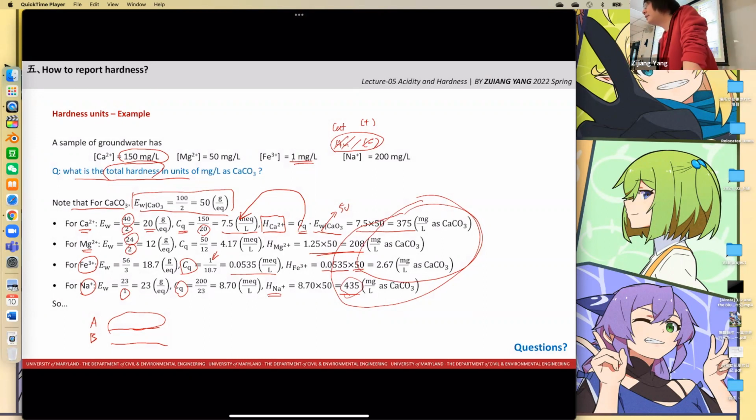Yes. So question. If this is a quiz or something, do we even have to go through the calculation of Na plus? No, because it is not counted as hardness.